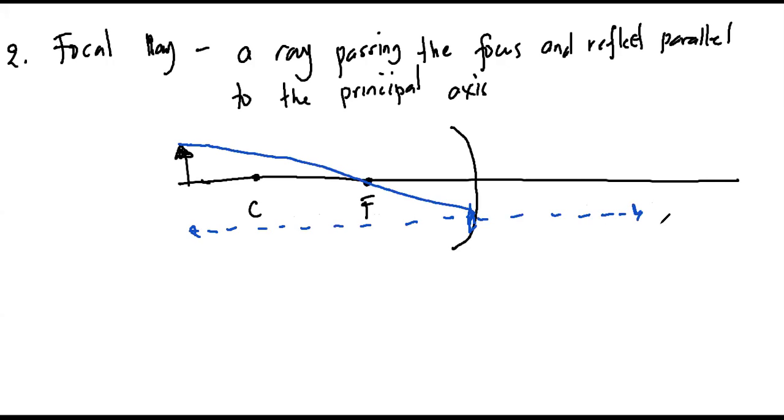So we have the third ray. I hope you are following. You will do it on your own by and by. The third ray will be called the central ray.